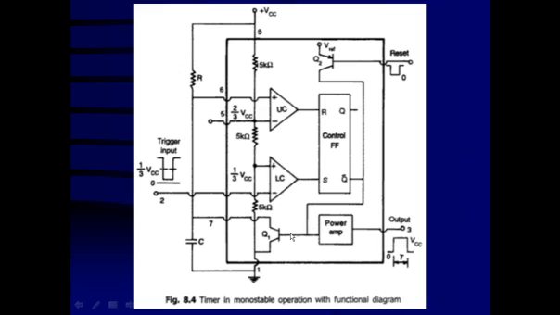Now what happens after that? Q1 is cut off. So the capacitor starts charging and increases its potential exponentially, and the timing of the charging is determined by the RC time constant, depending upon the values of R and C.